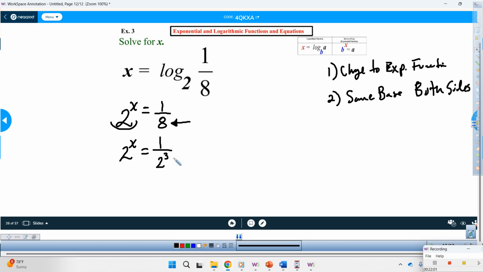Now, they almost have the same base, but this side, look up, needs to look like that. So what does that mean? That I cannot have a 1 on the numerator. The 2 has to be on top. So question, think about this one. What would happen if I bring this to the numerator? Talk to your neighbor.